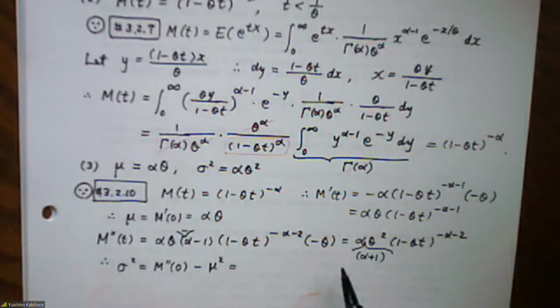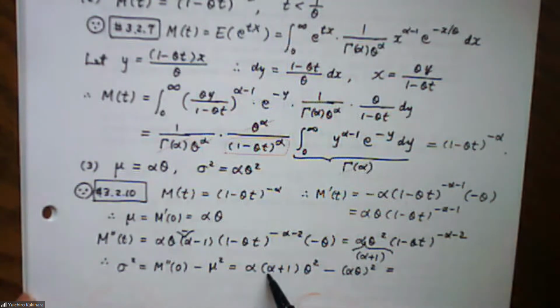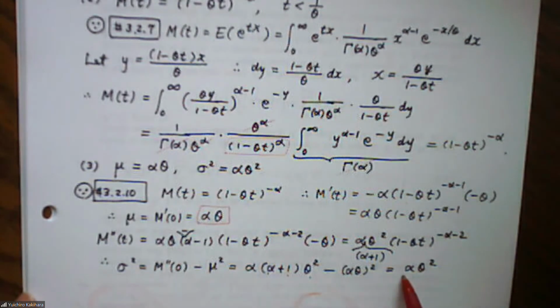Plug in 0, and this part becomes 1. So we have alpha times alpha plus 1 times theta squared, minus alpha squared theta squared. Now the alpha squared theta squared terms cancel, so we only have alpha times theta squared. So these are obtained: mu is alpha theta, and sigma squared is alpha theta squared.